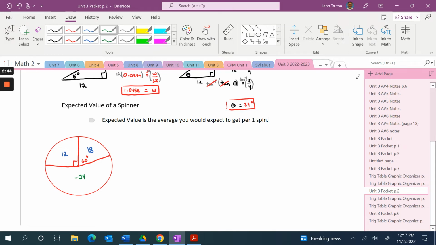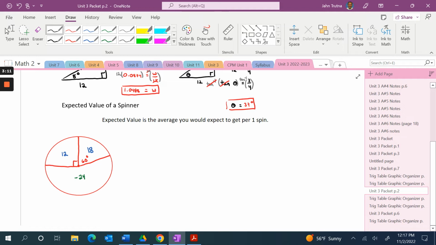Almost all the time, the answer you get for expected value will not be one of these particular values, 12, 18, or negative 24. It's the average of what you would expect to get per spin. And there is a definitive process on how you find expected value.